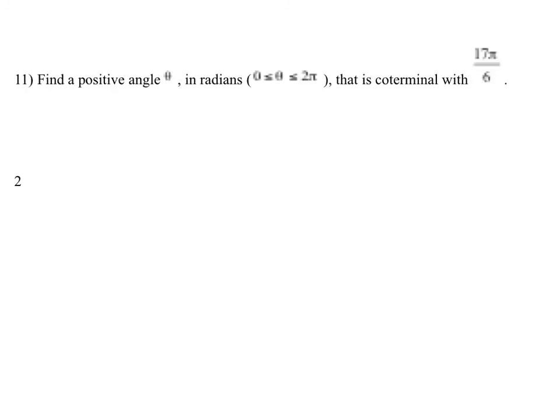All right, for question 11, we're going to find the positive angle theta in radians that is coterminal with 17 pi over 6. Okay, so for these problems you have to convert your 2 pi, which is 1 revolution all the way around the circle.